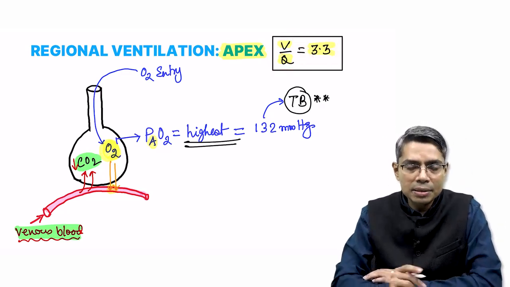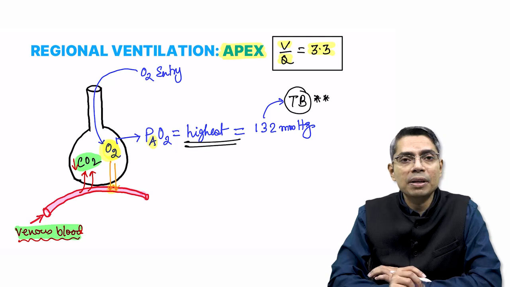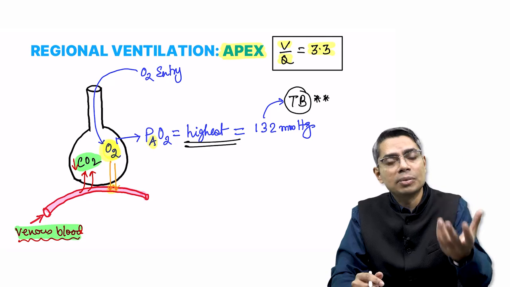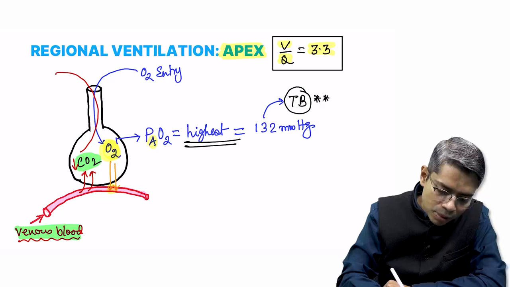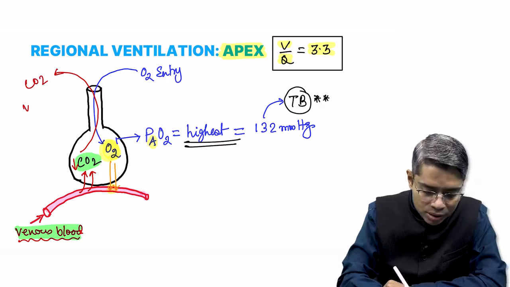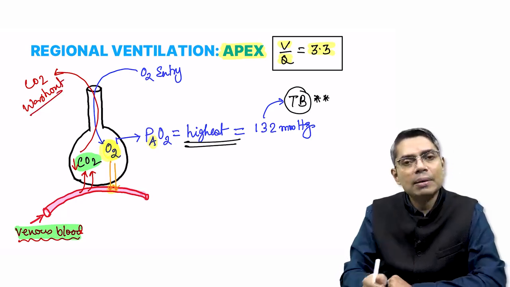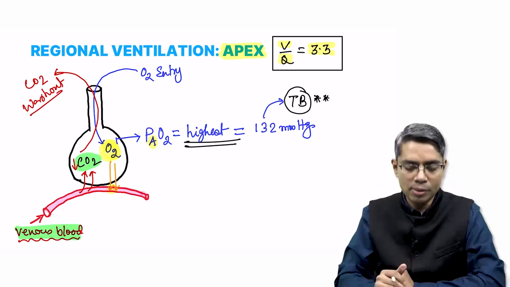This means the apical alveoli is a kind of hyperventilating. If the person is hyperventilating, what happens to the carbon dioxide? We all know that carbon dioxide will be easily washed out from the lung. So in the apical alveoli, this carbon dioxide will be easily washed out, and the amount of carbon dioxide reaching the alveoli is also lesser, and that carbon dioxide is easily washed out from the alveoli also.